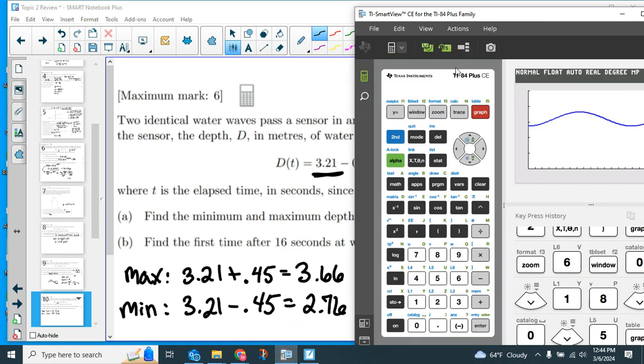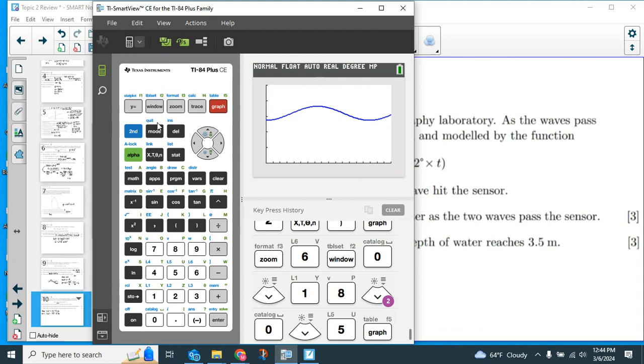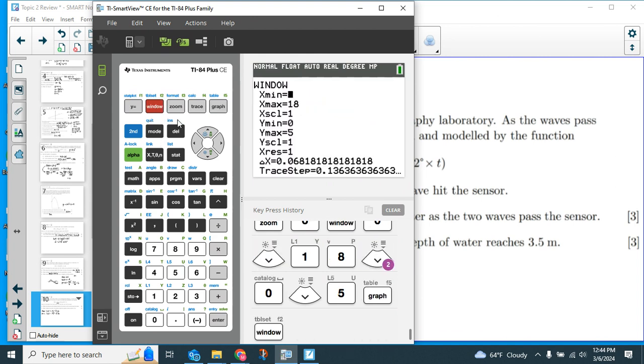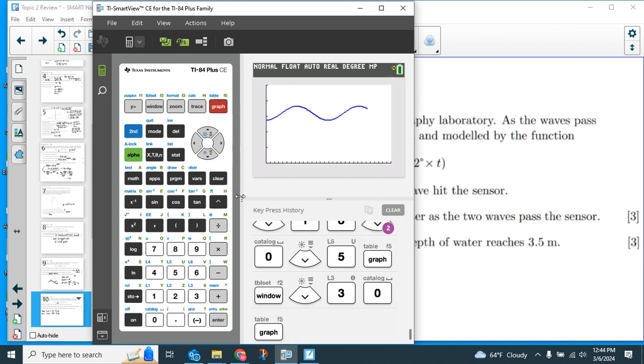So I'm definitely going to want my X value in my window to go past 16. I have it past 16, but not by a lot, so I'll just go like 30. Now I know that I have plenty of waves hitting this sensor.